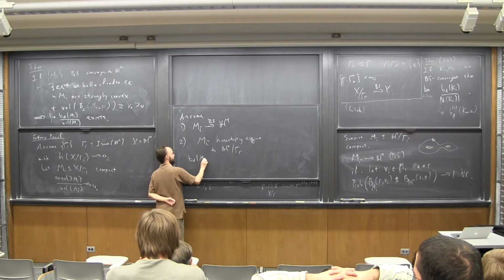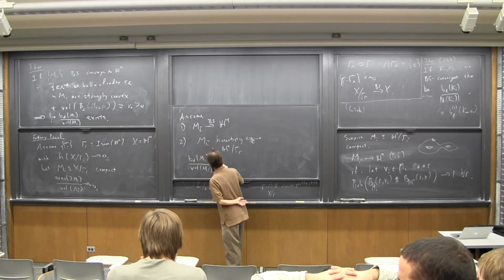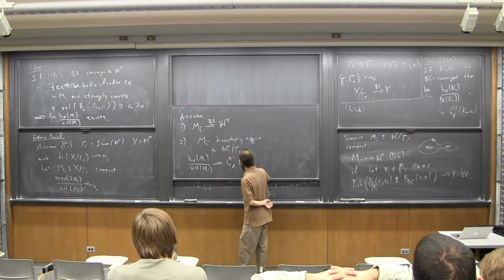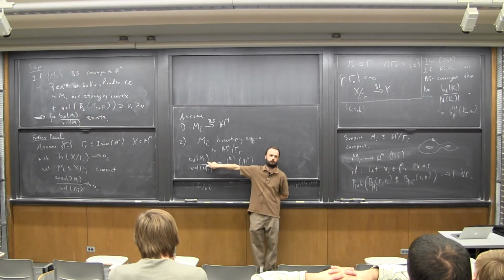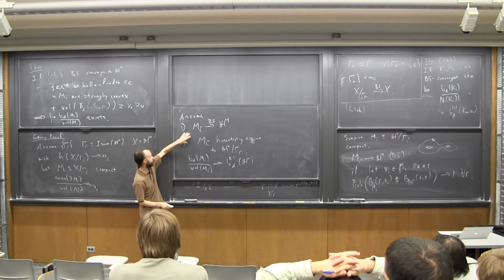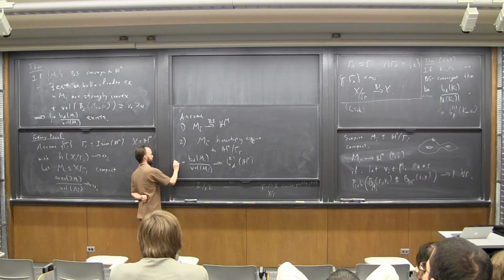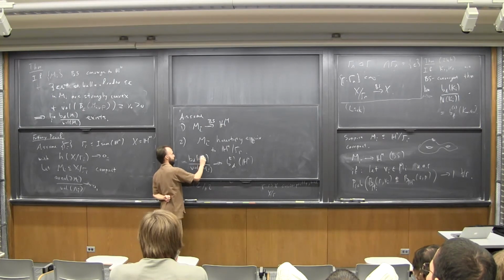The normalized Betti numbers do have to converge to the L2 Betti number of hyperbolic 4-space. And so in particular, these things have to be positive in dimension 2. This is true by number 1, and by number 2, we can replace M_i here with the Betti number of gamma_i.